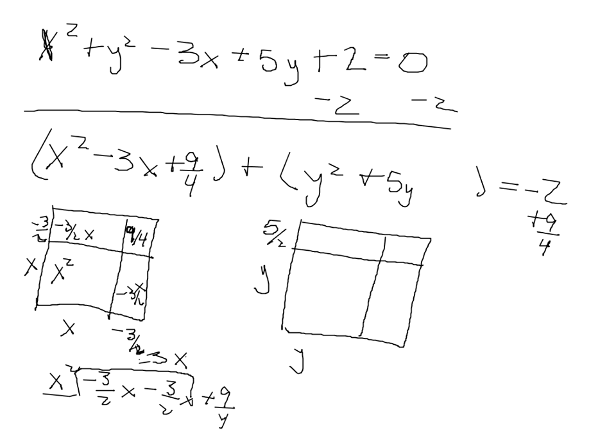Same thing here with y: 5 over 2, 5 over 2, y squared, 5 over 2 y, 5 over 2 y, and here this is going to be 25 over 4. And that's what goes on both sides.